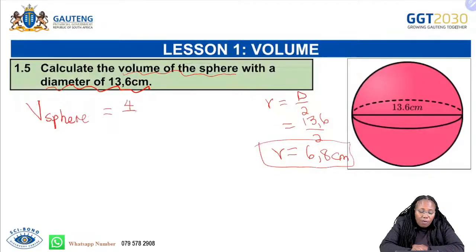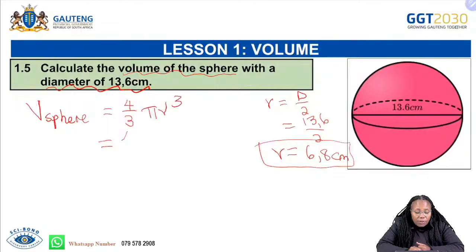That is 4/3 pi r cubed. And then now the next step, you do your substitution. What is the substitution now? It is 4/3 multiplied by your pi, multiplied by the radius, which is how much? 6,8, cubic centimeters.